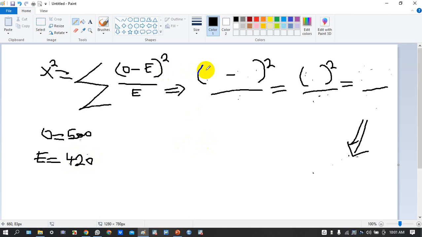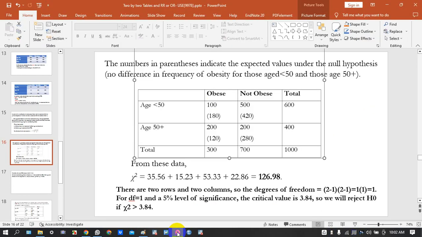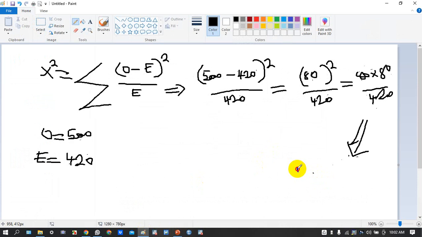Observed, 500, minus expected, 420, also gives us 80 squared, and 80 squared is 80 times 80, over the expected, 420. So when we compute this, we're going to end up getting 15.23.